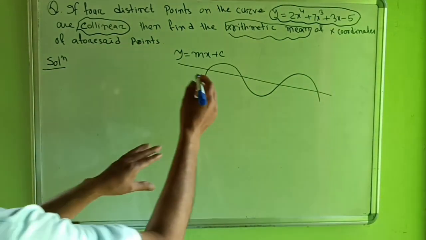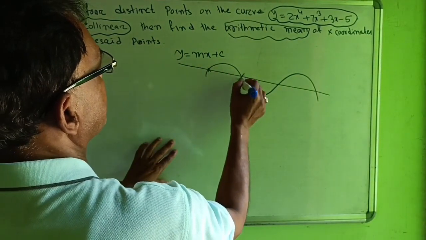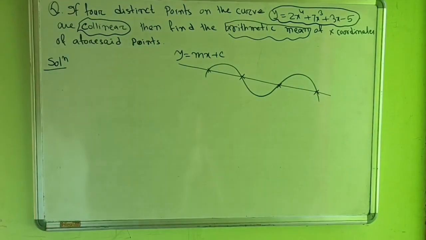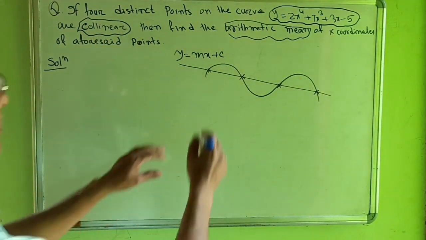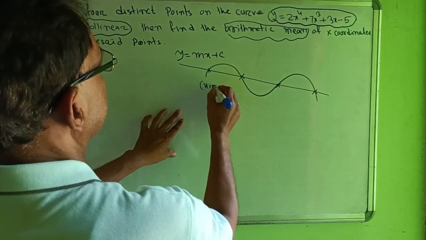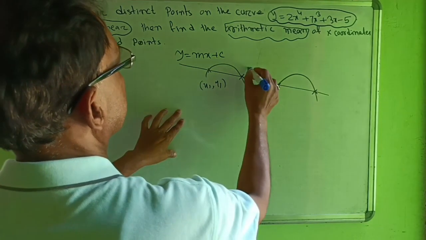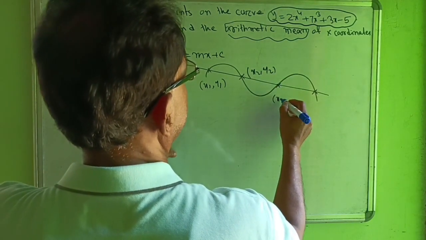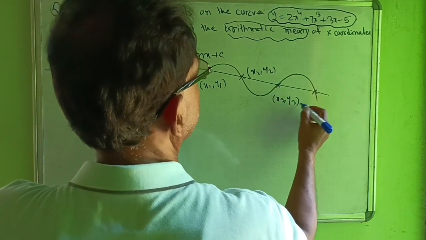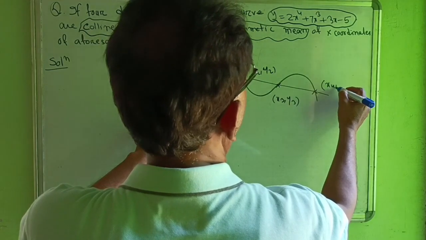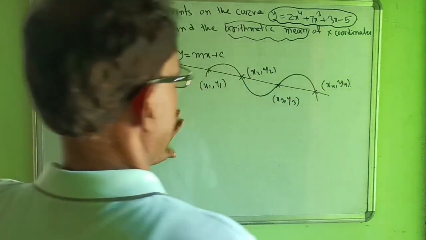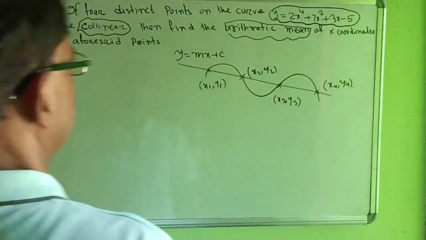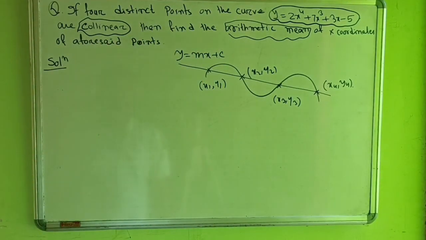The 4 points are point 1, point 2, point 3, point 4, with coordinates x1, y1, x2, y2, x3, y3, x4, y4. The x1, x2, x3, x4 are the x coordinates.